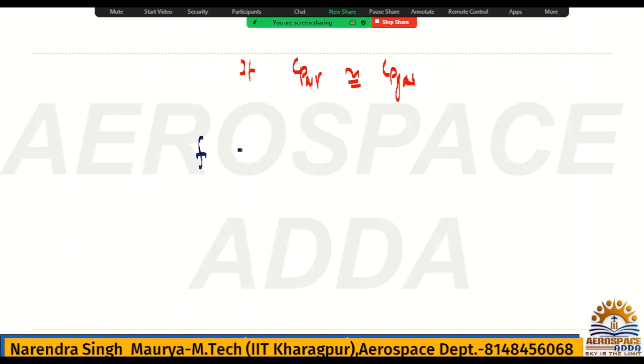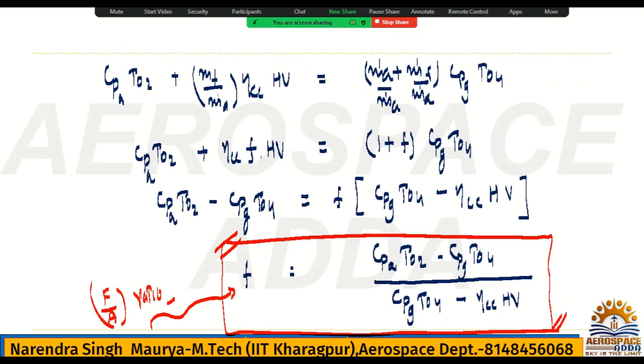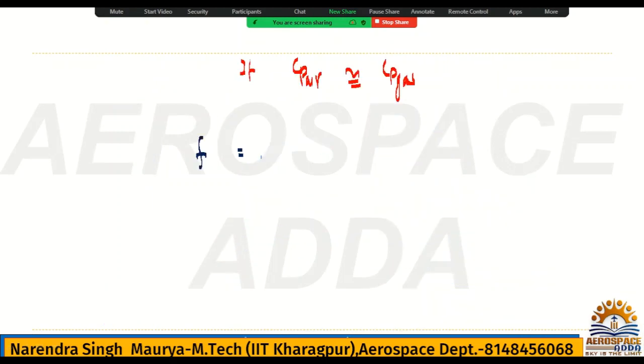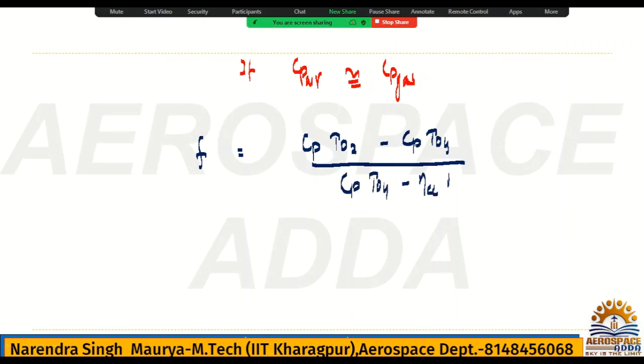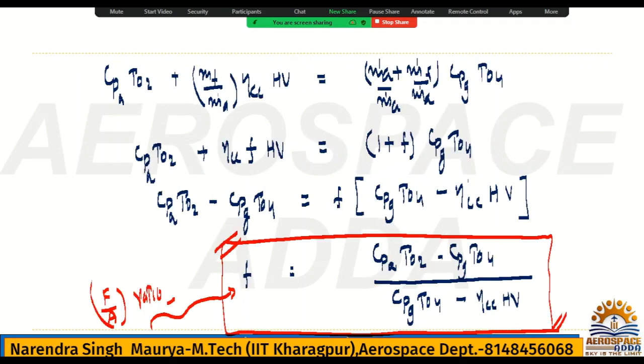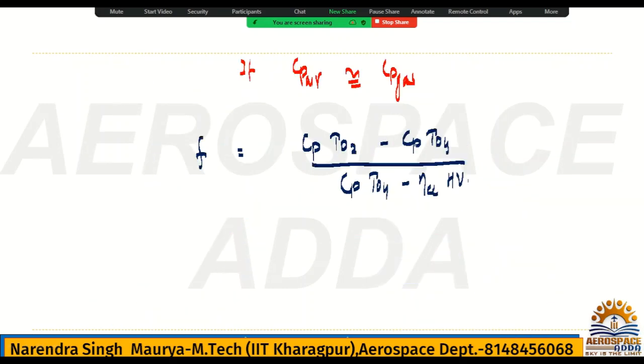Simply, small f is equal to Cp T naught 2 minus Cp T naught 4, divided by Cp T naught 4 minus eta cc into heat value, right? So this is the fuel to air ratio.